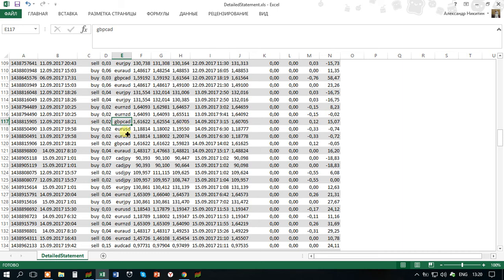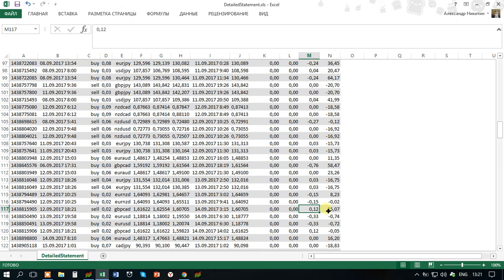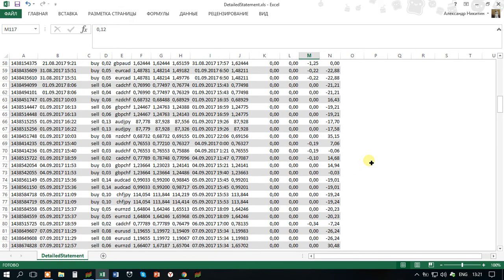So we see here that for pound Canadian, if we have the interest rates of Great Britain minus interest rates of Canada, we will have a positive number. So sometimes we have a positive swap, but in most cases it is a negative swap. So, some education for you as well.